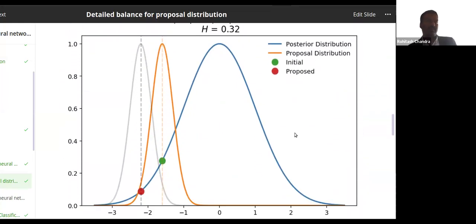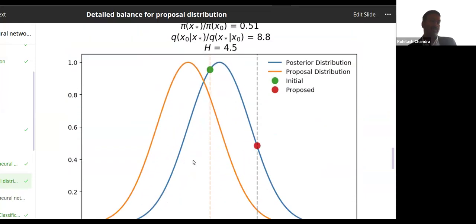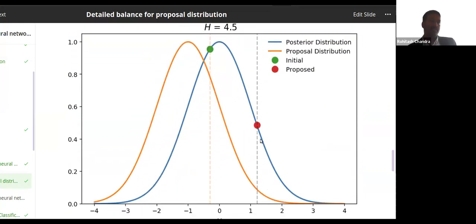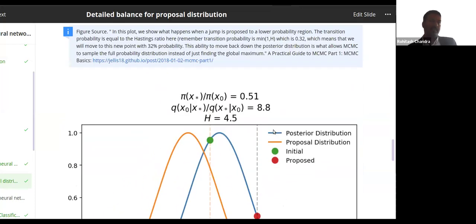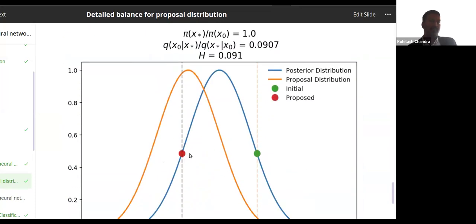Sometimes the initial is there and you could propose it in here. So initial, proposed. The initial and the proposed.